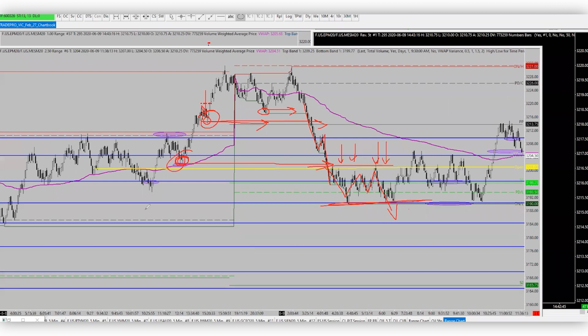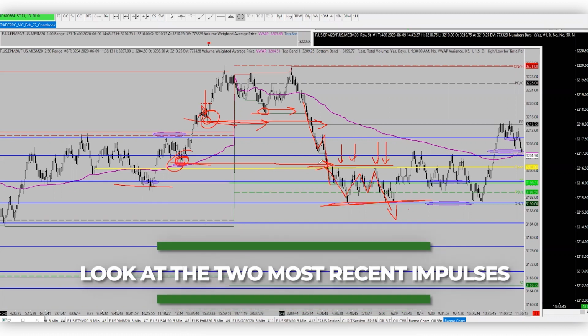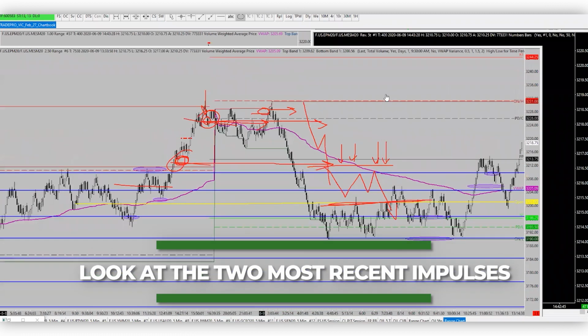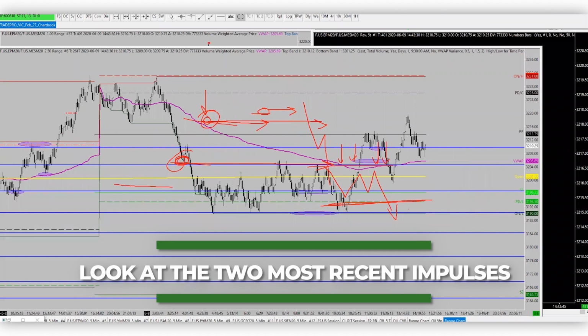Now, again, if we're looking at impulses to break, some traders may think it's this, but I would caution everyone to look at the two most recent impulses that the market has printed, which we've done here in this scenario.